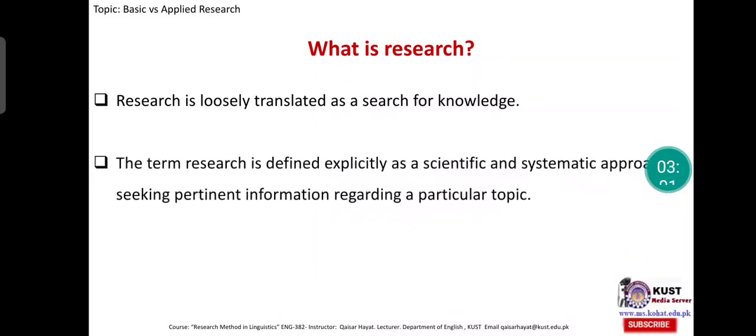The term research is defined explicitly as a scientific and systematic approach seeking pertinent information regarding a particular topic.